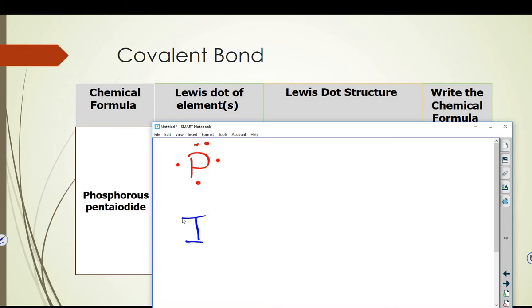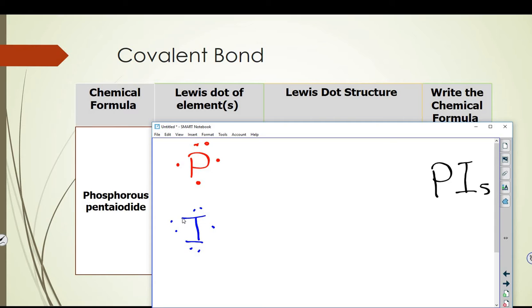Iodine's 1 away from being a noble gas, so it would have how many around it? 7. 1, 2, 3, 4, 5, 6, 7. Now, the difference in this, I can stop right now and I can write the formula. So I'm going to write the formula over here because it said phosphorus penta-iodide. So that means I have 1 phosphorus and 5 iodines.